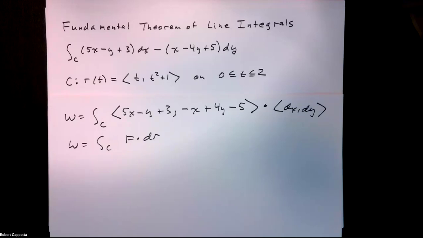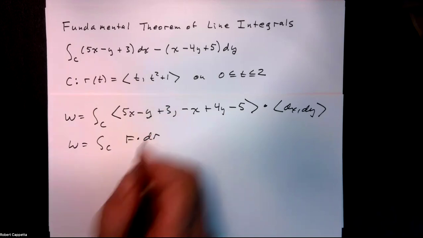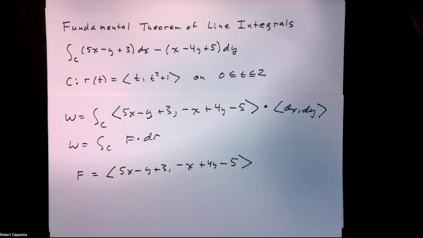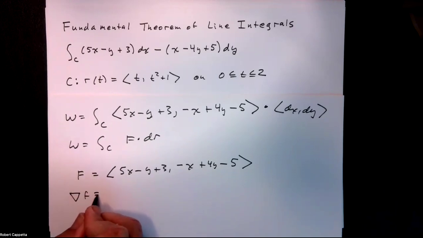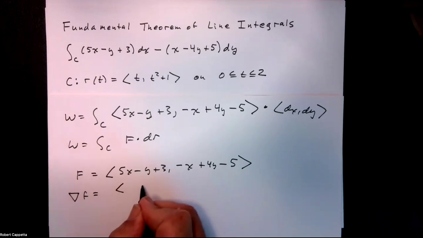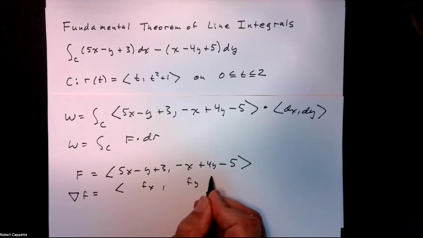And we recognize, of course, that work is the integral over C of F dot dr. Now, when can I use the fundamental theorem of line integrals? If that vector field is conservative. So let's consider that. If this is a conservative vector field, there will be a potential function, little f, whose gradient will equal that vector field F. Now, the gradient of little f is f sub x, comma f sub y.